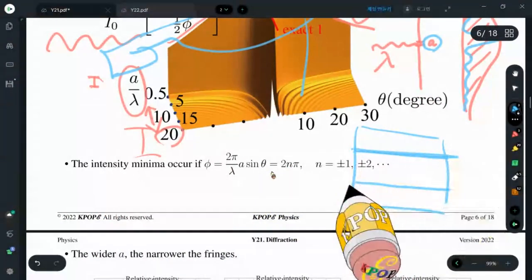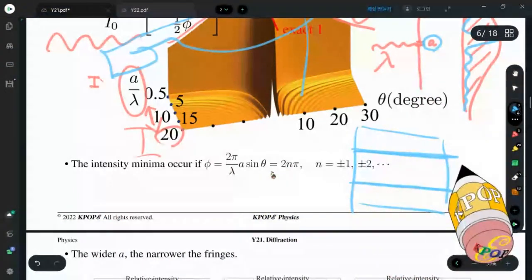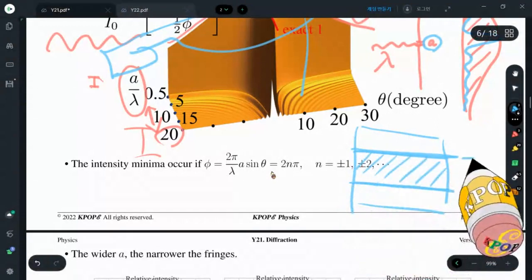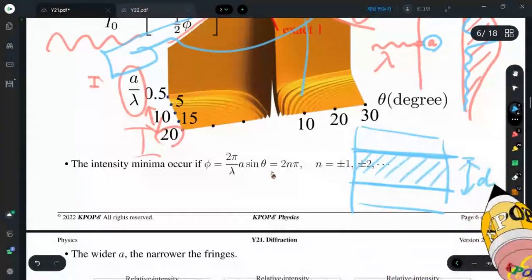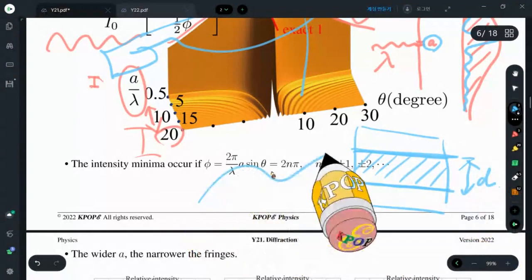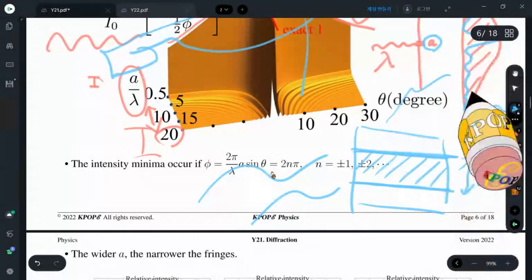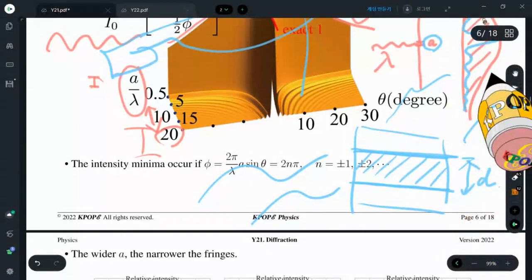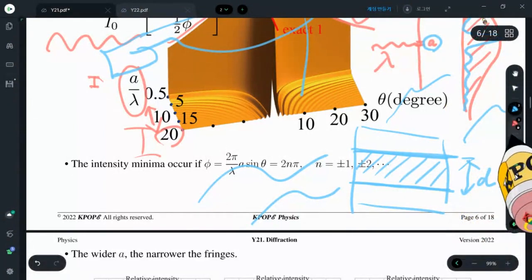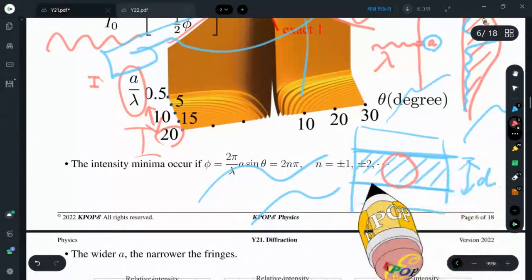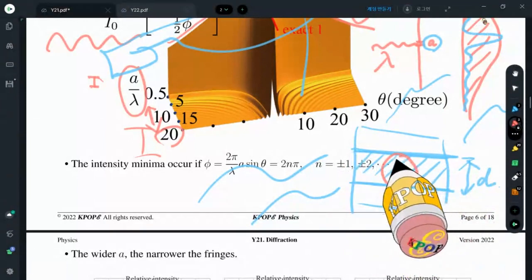You cut here and there and cut it off, and this distance d. So light comes in here and passes through, and you will find this kind of diffraction pattern. What happens if you change the shape as a circle instead of this bar, something like that?